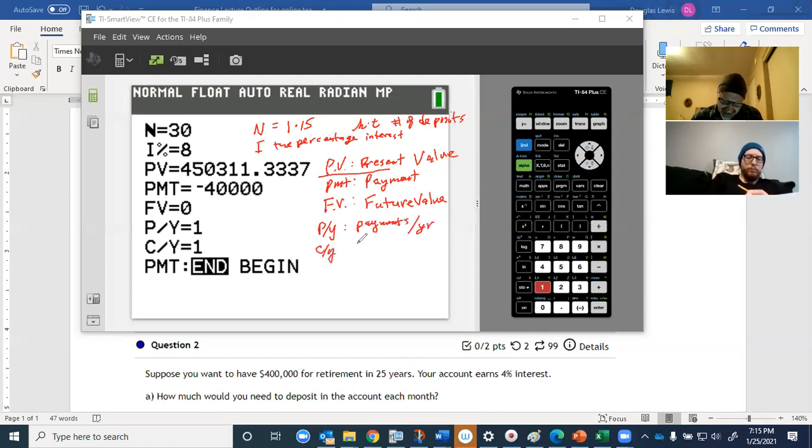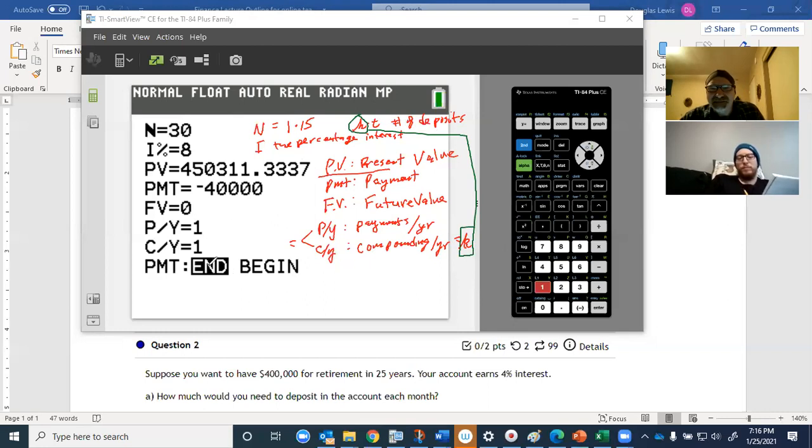And C/Y, these will always be equal, by the way. They're always the same. That will be the compoundings per year, which is K. K is the number of compoundings per year. It's the same K as up here. This K is the same as that K.